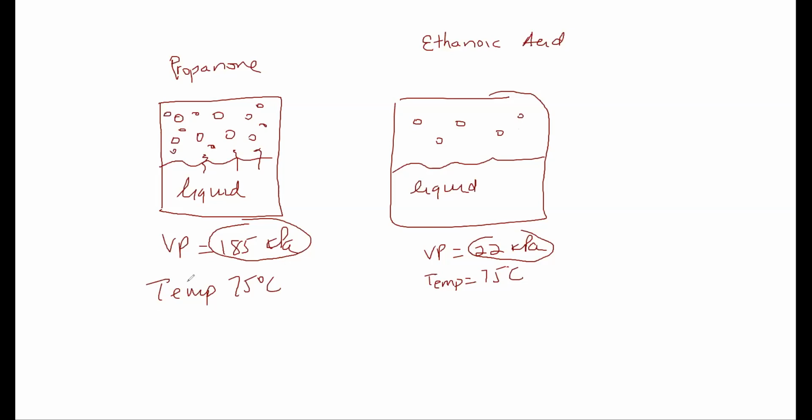Now, let's see. When the vapor pressure is high, what does that mean? That the molecules had an easier time to escape out of the liquid. So what holds them in the liquid? The intermolecular forces. So high vapor pressure means weak intermolecular forces. But when the intermolecular forces are strong and they're holding these molecules in the liquid together, they have strong intermolecular forces and low vapor pressure.